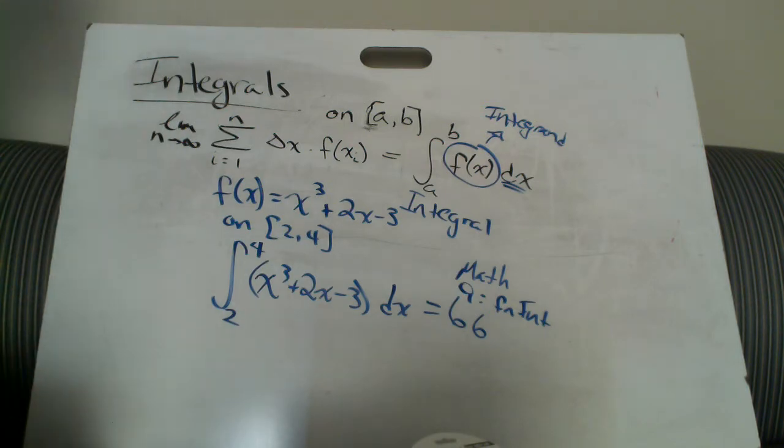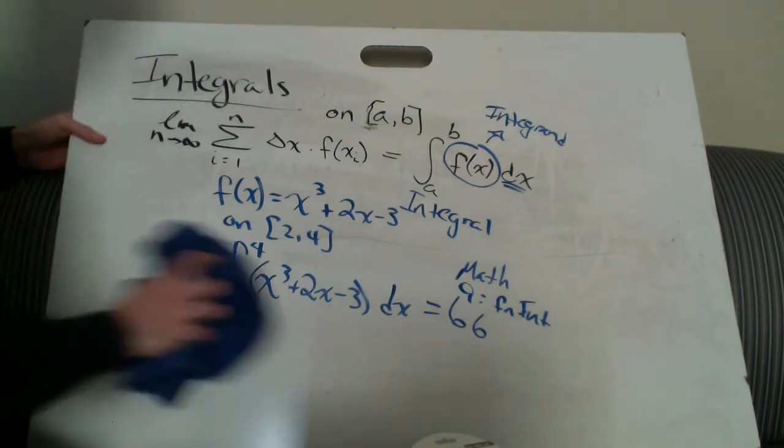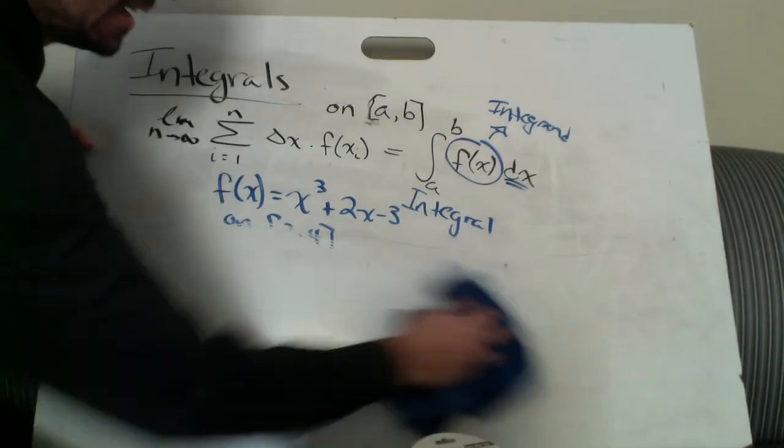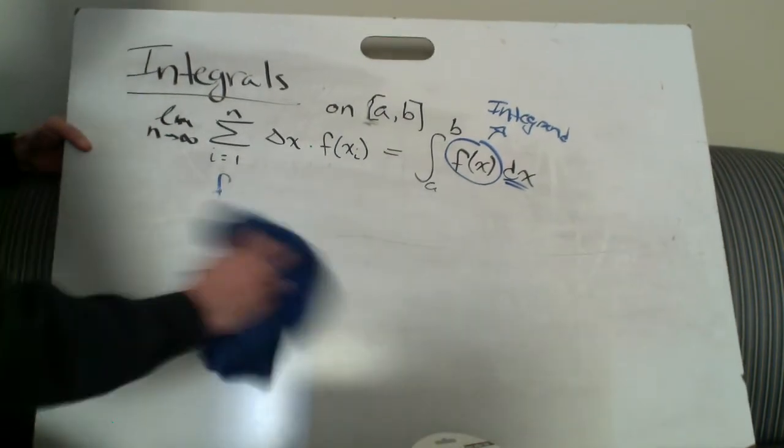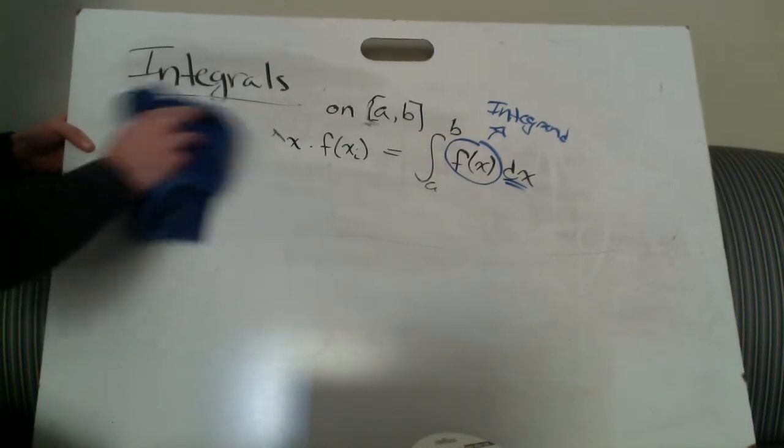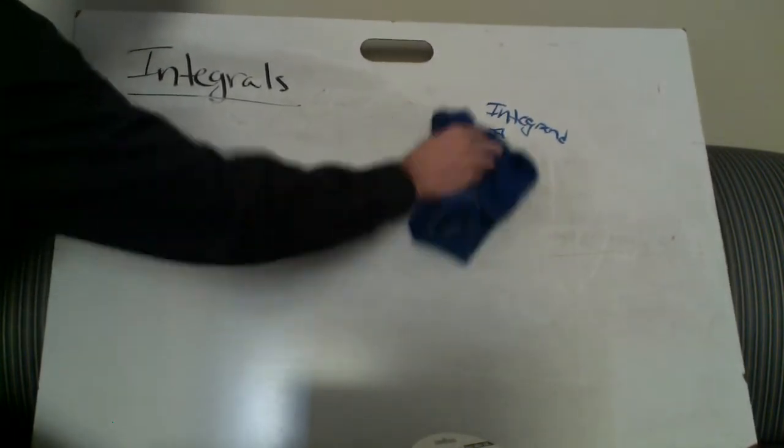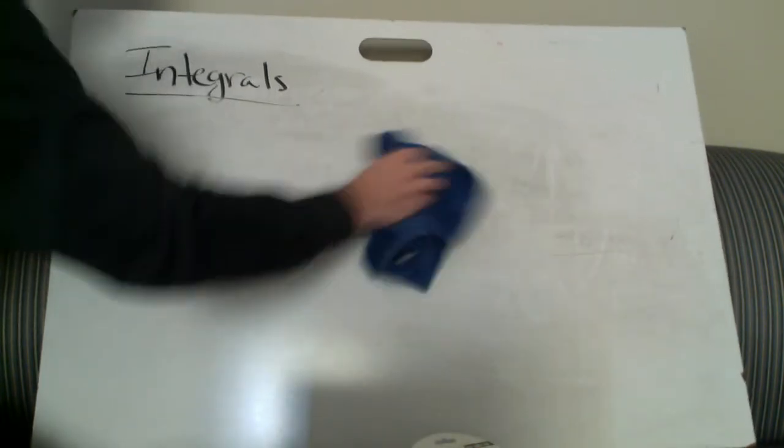Being able to find areas of shapes that you should not be able to find the areas of, crazy interesting, and probably the best part of calculus, at least in my mind, is figuring out the formula for how to do that. So cool. You're gonna be so excited when you learn it, or you're gonna be really upset. But either way, you will not just be like, meh, whatever, I don't care. It's really provocative. So, what should we do now?